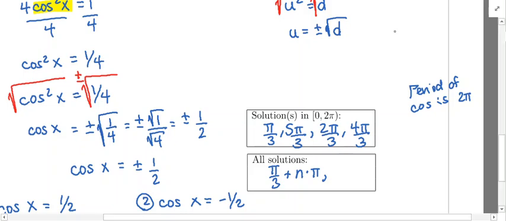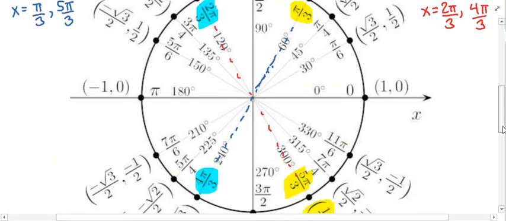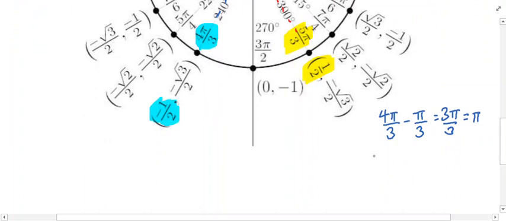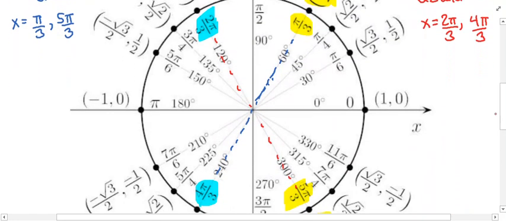Okay, the same thing is happening with the other two angles, so 2 pi over 3 and 5 pi over 3. They're opposite each other. Okay, so if you did 5 pi over 3 minus 2 pi over 3, that's going to give you 3 pi over 3, or pi. Okay, so if you start at 2 pi over 3 and you add pi, you're going to get 5 pi over 3.